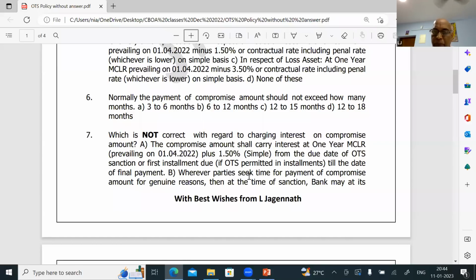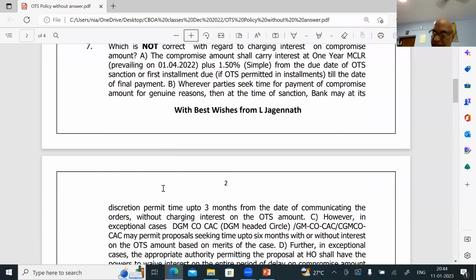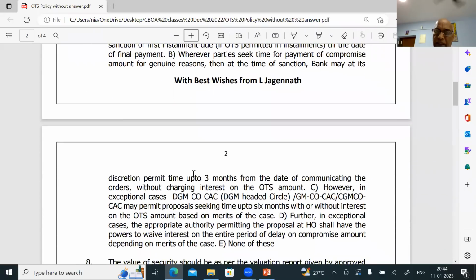Correct. Whenever parties seek time for payment of the compromise amount for genuine reasons, then at the time of sanction, the respective sanctioning authorities can permit time up to 3 months from the date of communicating the orders without charging interest on the OTS amount.